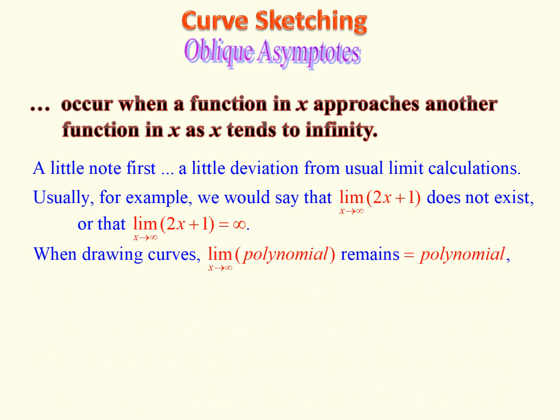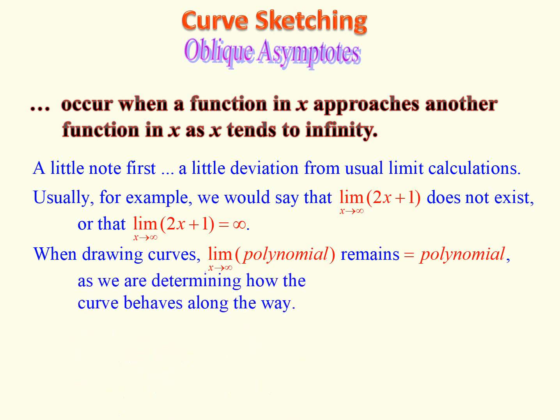Now, when we're dealing with curves, the limit of a polynomial as x tends to infinity remains the polynomial. I hope you'll remember what a polynomial is. And we are determining how the curves behave along the way. So here's an example.